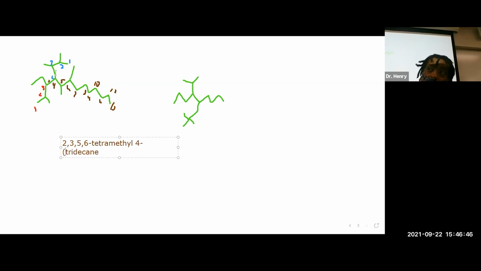Okay, so let me make sure I got this guy right. So we're on the 4th carbon. So that's 1, 2, 3, 4. 4th carbon here. This guy, what is the longest chain? You said propyl. So that's 1, 2, 3. Right? Okay, so let me put that in a different color.